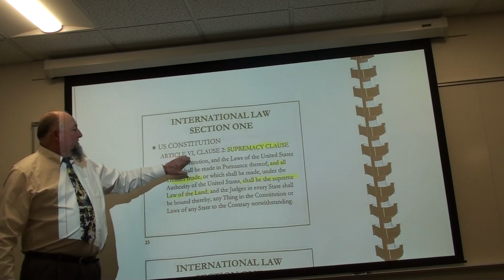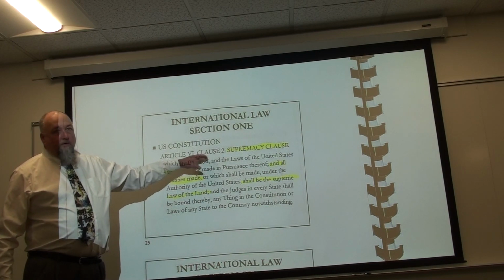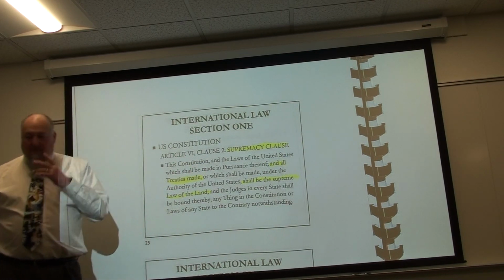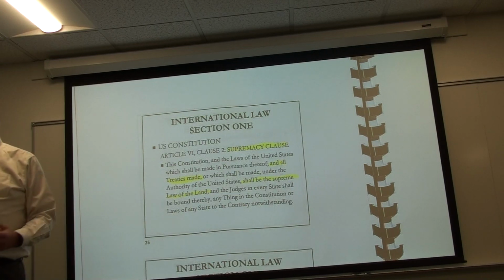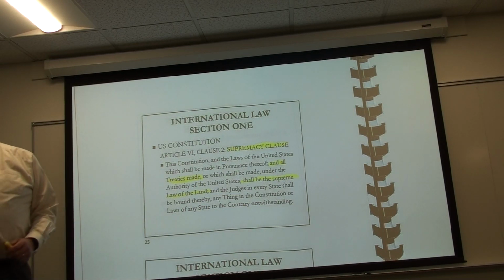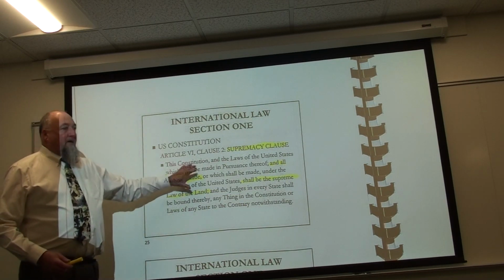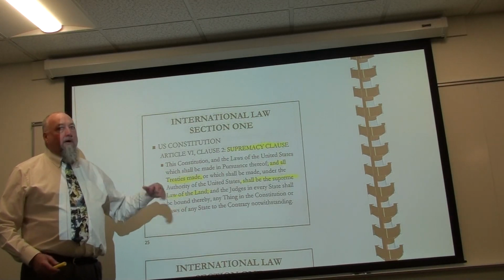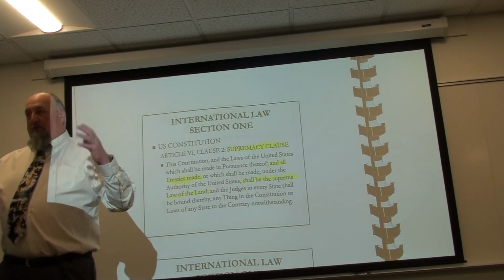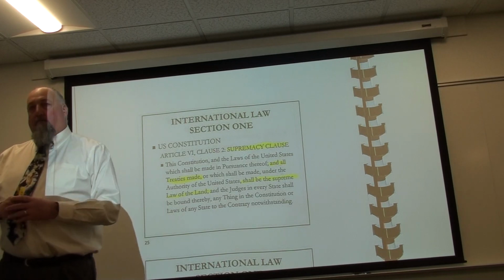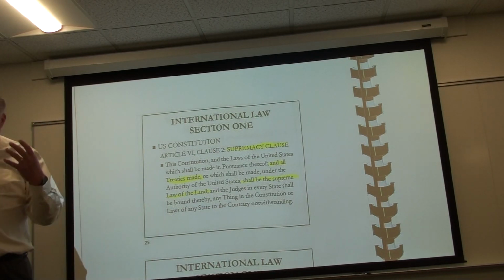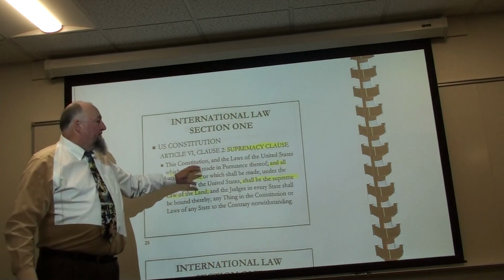is Article 6, Clause 2 of the United States Constitution. This is called the Supremacy Clause. And this part of the U.S. Constitution is where we have a couple of different ideas coming out of this paragraph.